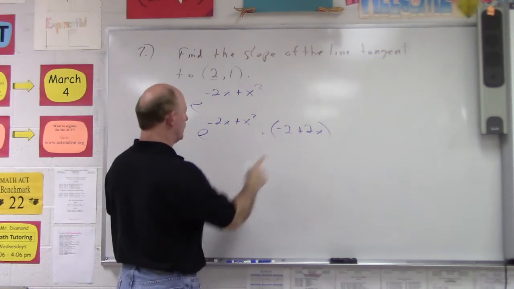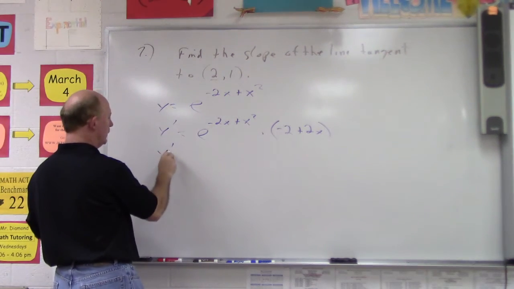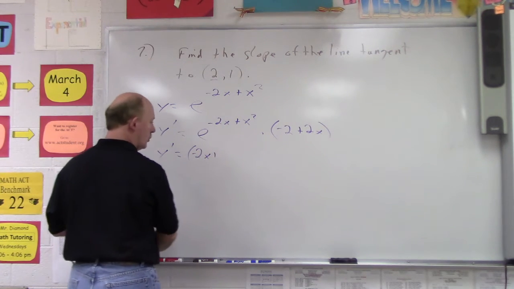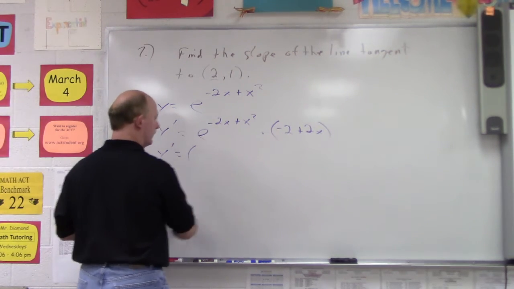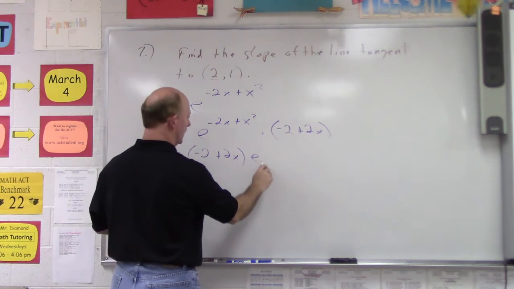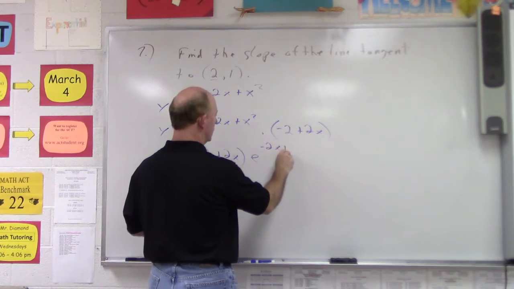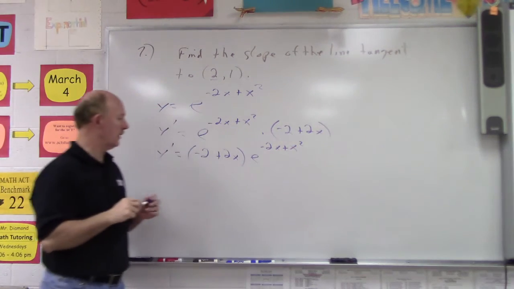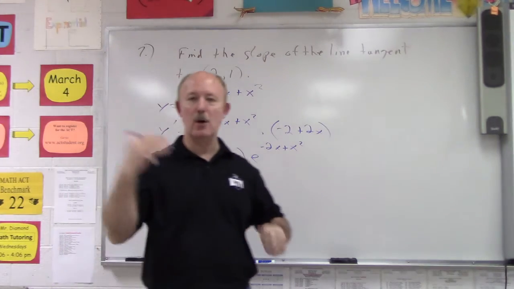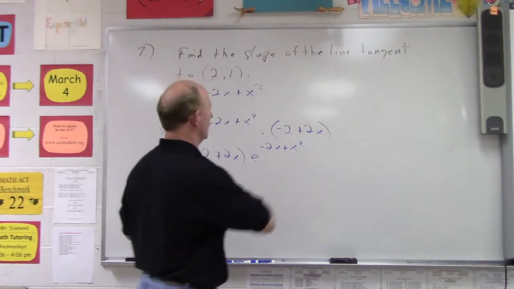And I'm going to move this to the front, so our derivative is negative 2 plus 2x times e to the negative 2x plus x squared. So that's our exponent, right? This is our derivative. Now, to get our slope, all we've got to do is substitute in. So let's get our slope.